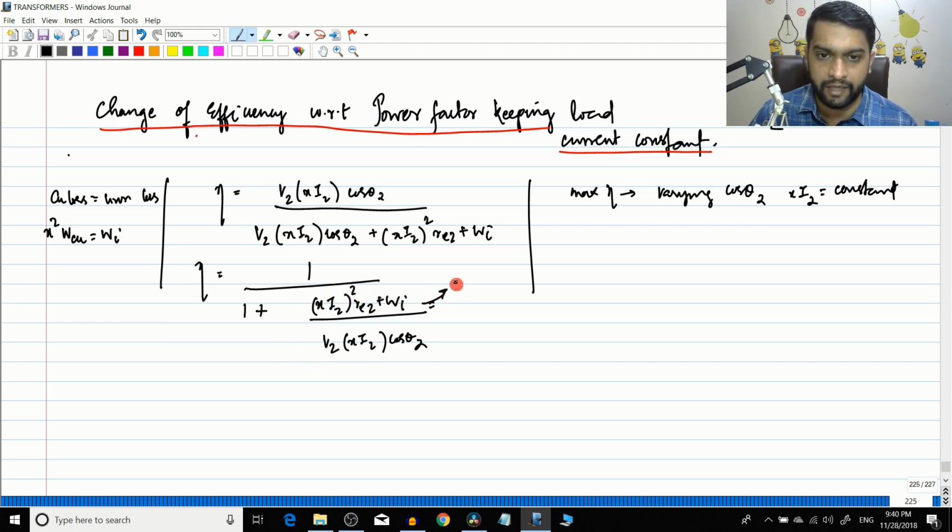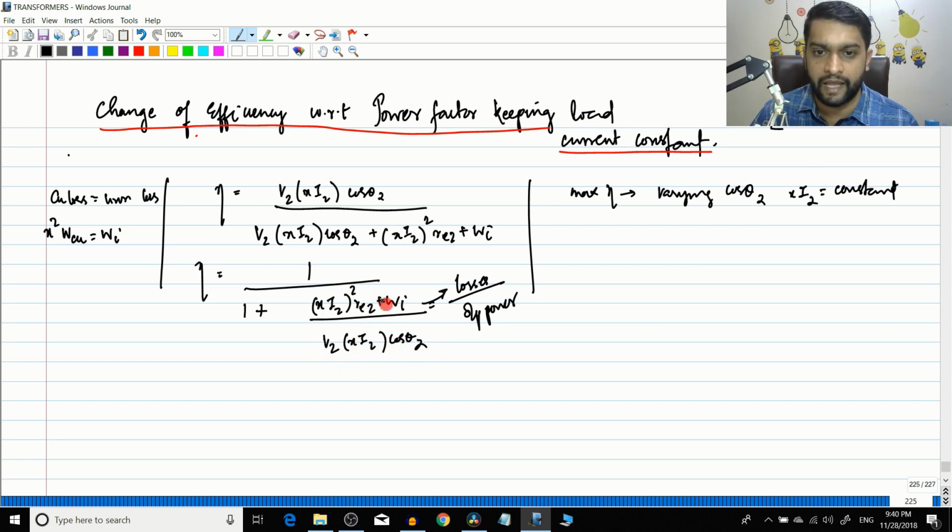This term is nothing but losses divided by output power. In this section which we are discussing in today's video, xI2 is constant. So the only variable here is cos theta 2.